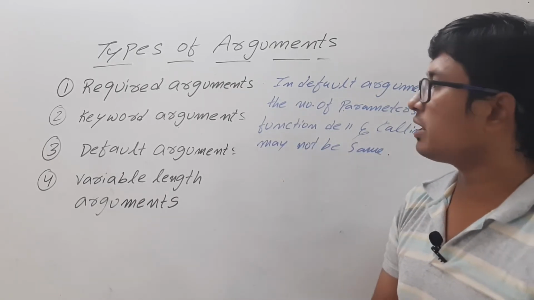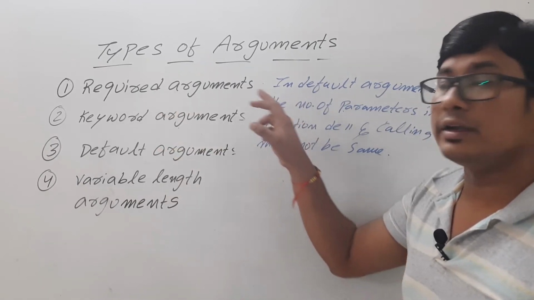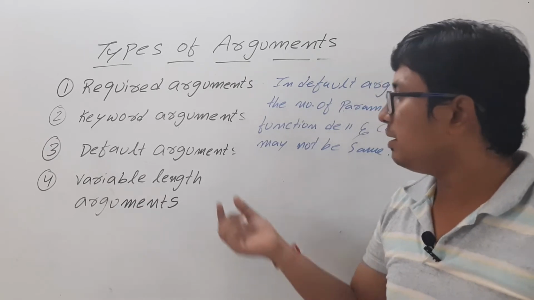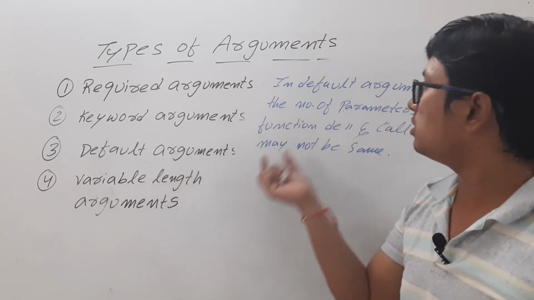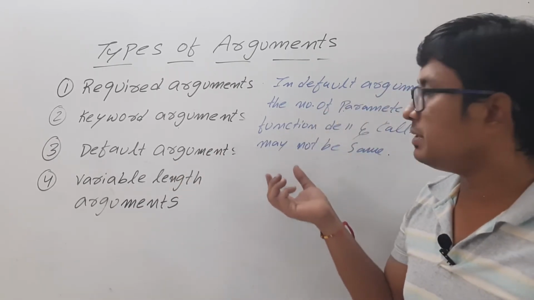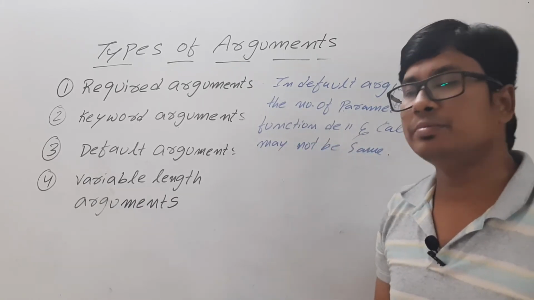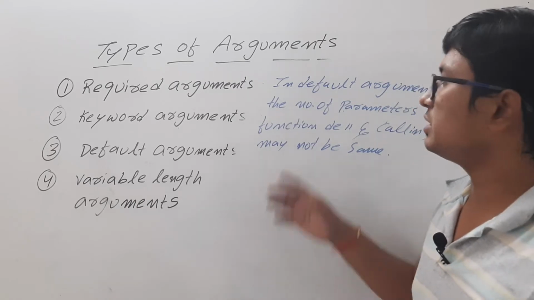But when it comes to required arguments, the number of arguments in the function definition and function calling should be the same. But when it comes to default arguments, the number of parameters or arguments in the function definition and function calling may not be the same. What is this? I will discuss with an example.